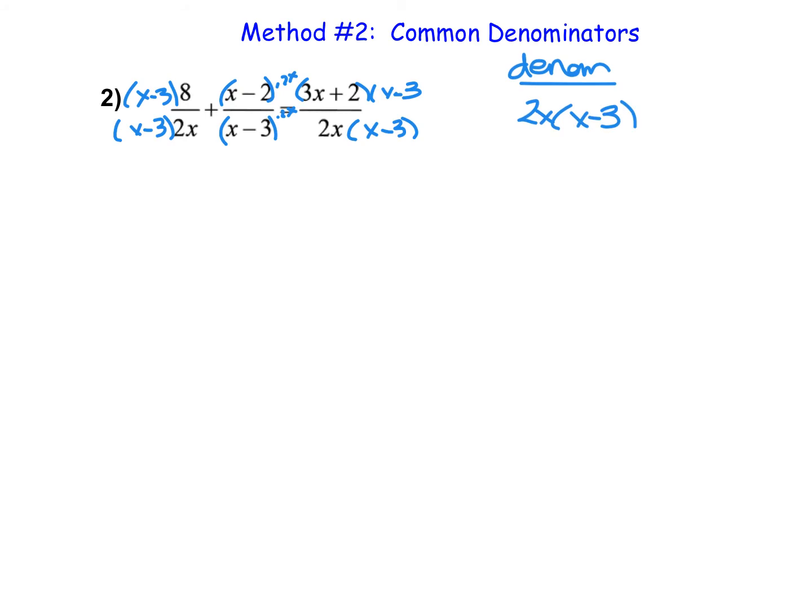So in this first fraction here, I'm going to distribute the 8 out. So I end up with 8x minus 24 over 2x times x minus 3.